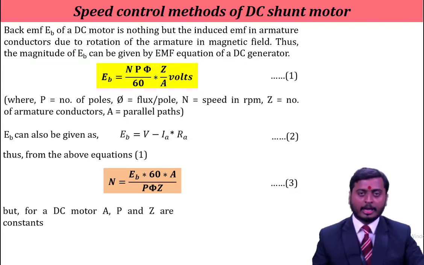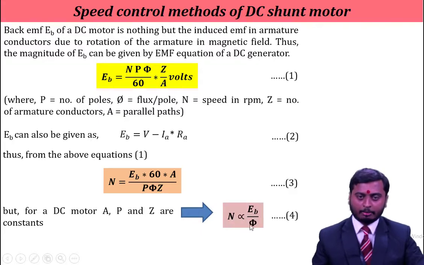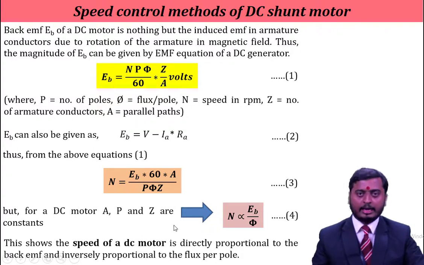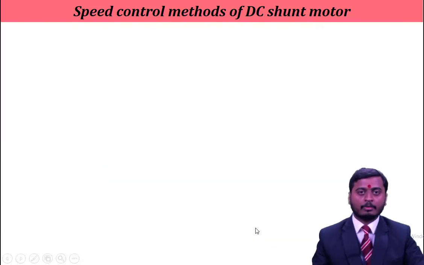So we can modify equation number 3 as N is directly proportional to EB upon phi. Why? Because 60 is constant, A is constant, P is constant, and Z is also constant. So your speed is directly proportional to your back EMF, and inversely proportional to the flux per pole.